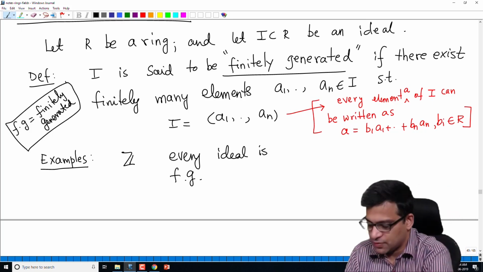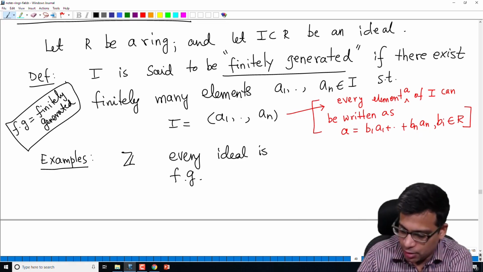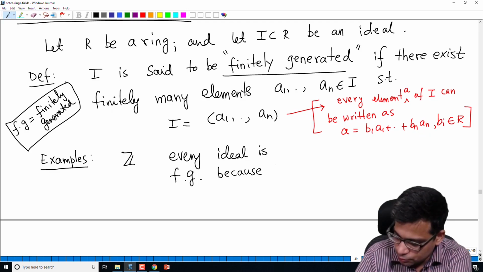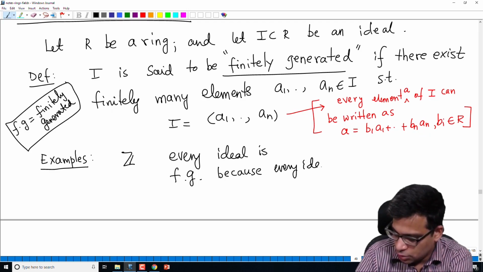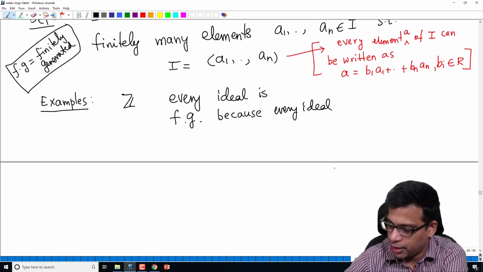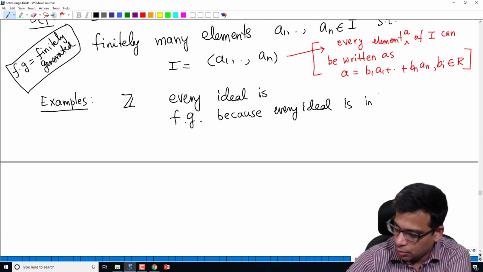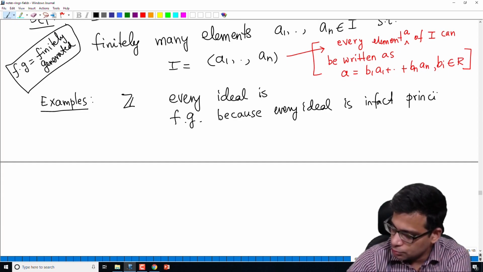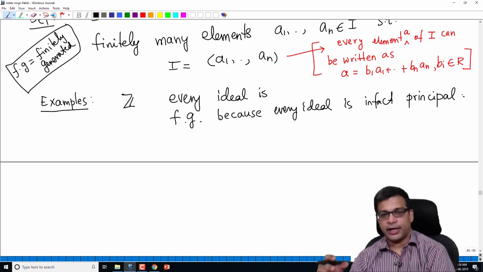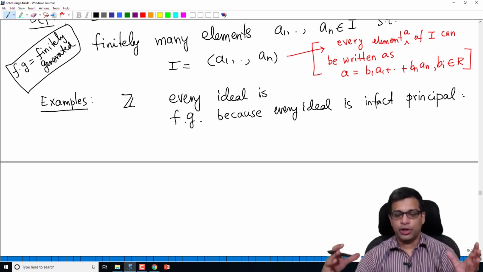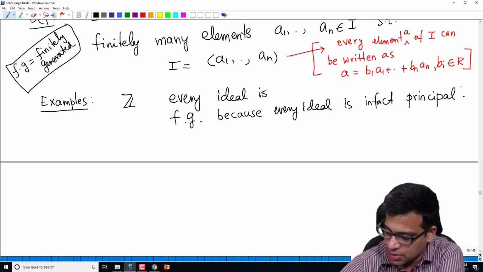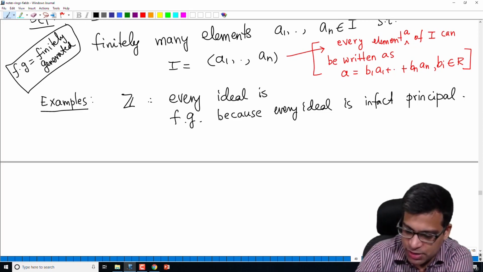Every ideal is finitely generated in Z, because in fact it is principal, not just finitely generated. There is a stronger statement that's true: every ideal is generated by a single element. We only need that every ideal must be finitely generated, but even better is true. In fact, every ideal is principal.